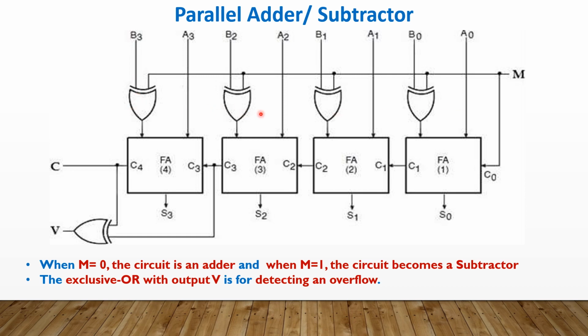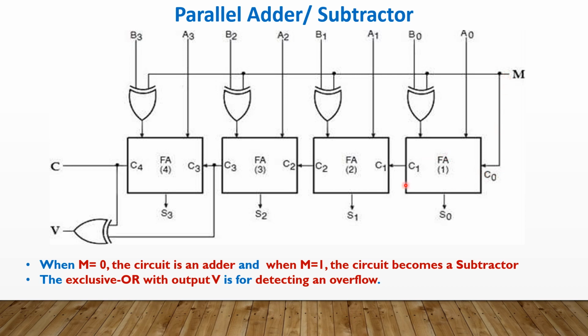There are 4 XOR gates connected to the 4 full adders. The other input of all 4 XOR gates is connected to the data M. That M is also connected to the carry input of the first full adder.